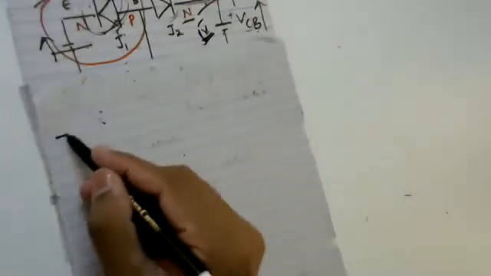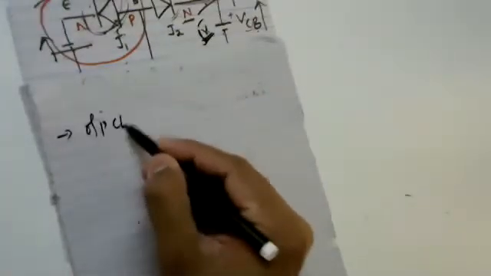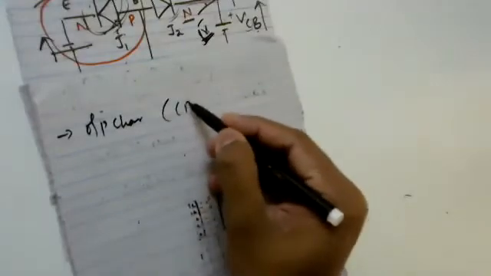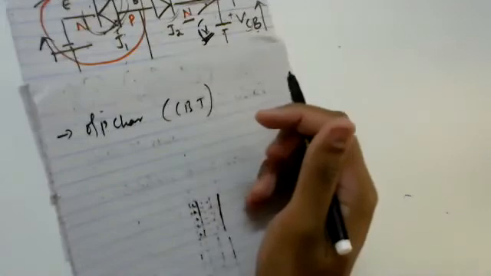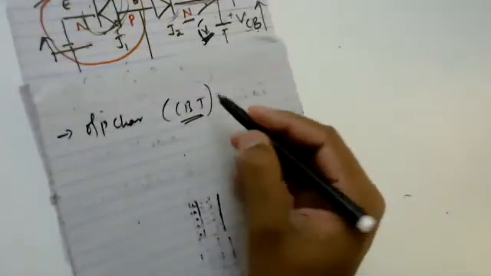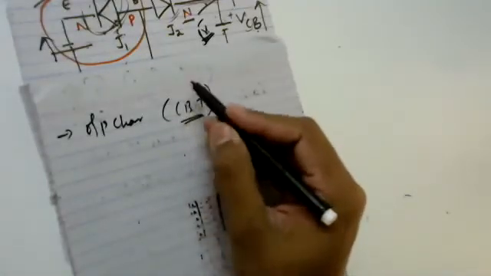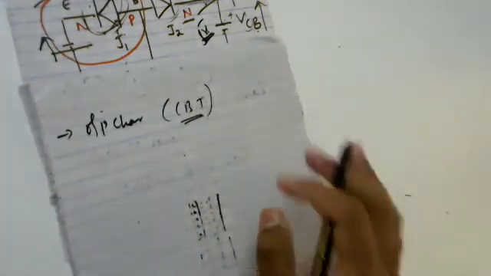The last topic is output characteristics for a common base operation of a transistor. Don't feel it's CBT. It is common base operation of your transistor.